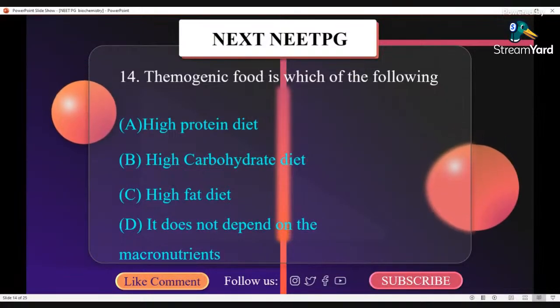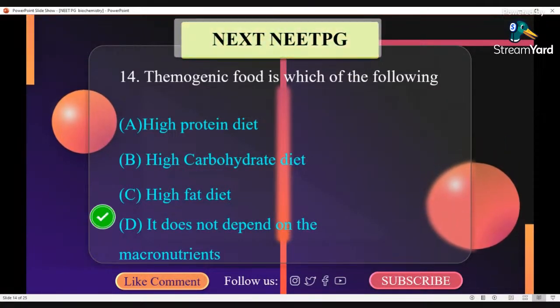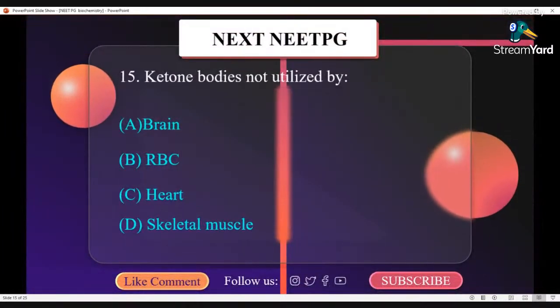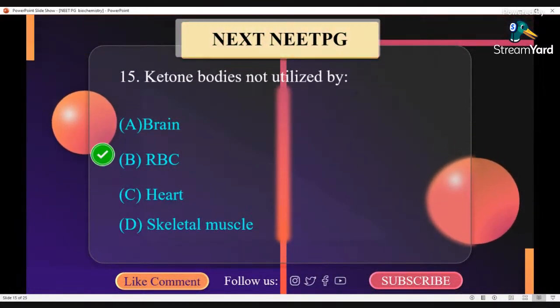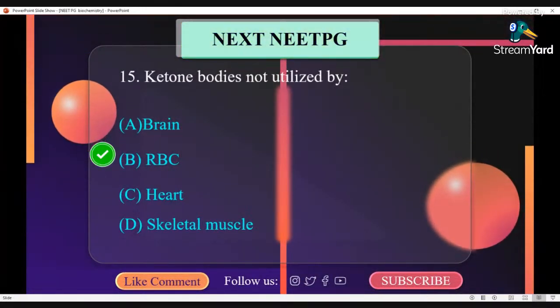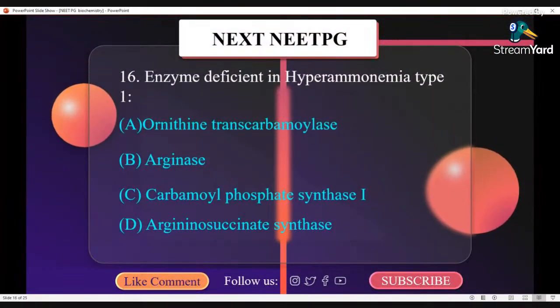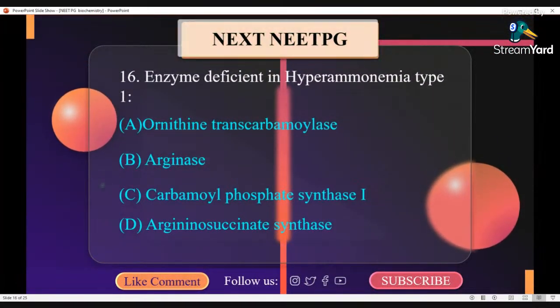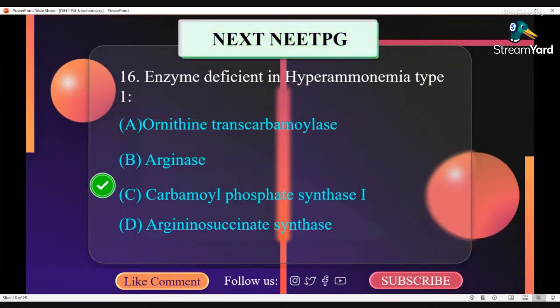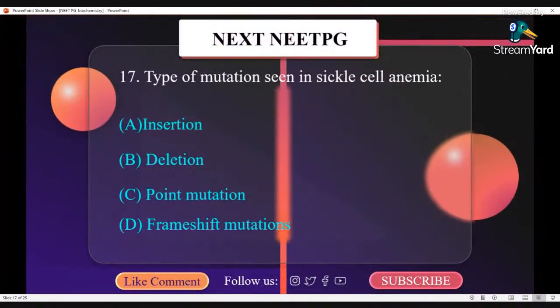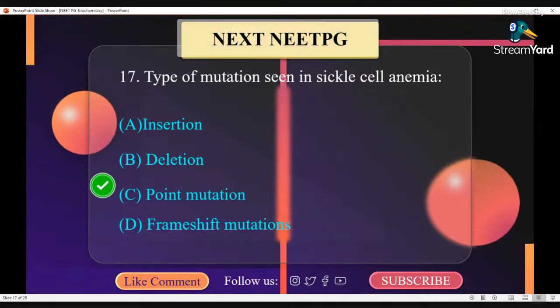Thermogenic food in which of the following does not depend on macronutrients? Ketone bodies are not utilized by RBC. Enzyme deficient in hyperammonemia type 1 is carbamyl phosphate synthase 1. Type of mutation seen in sickle cell anemia is point mutation.